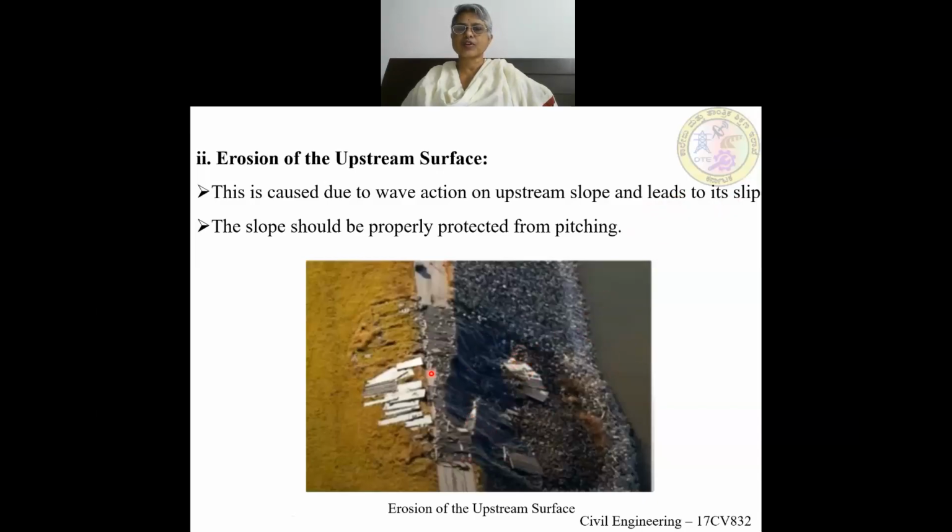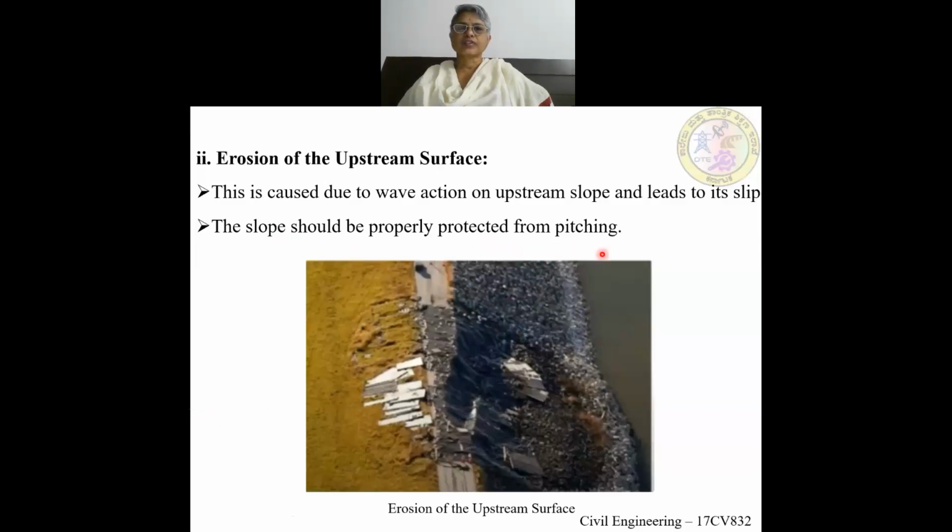The waves keep on hitting the dam, and it will create some erosion here. Because of that erosion, the material is lost and the dam will become weak, and this leads to slip of the material like this. You can see that here, and this can be avoided by protecting it with pitching.